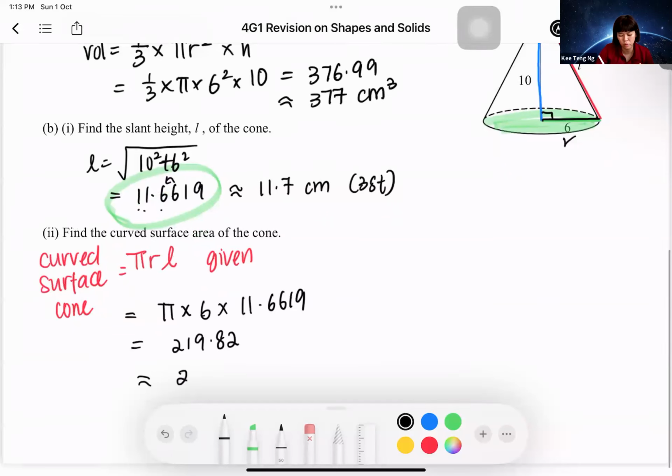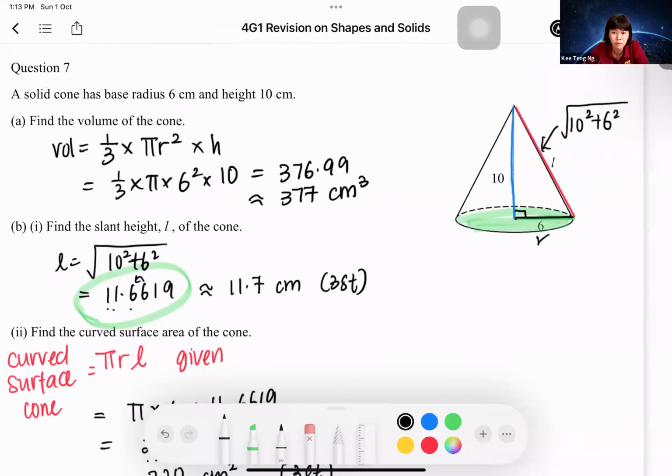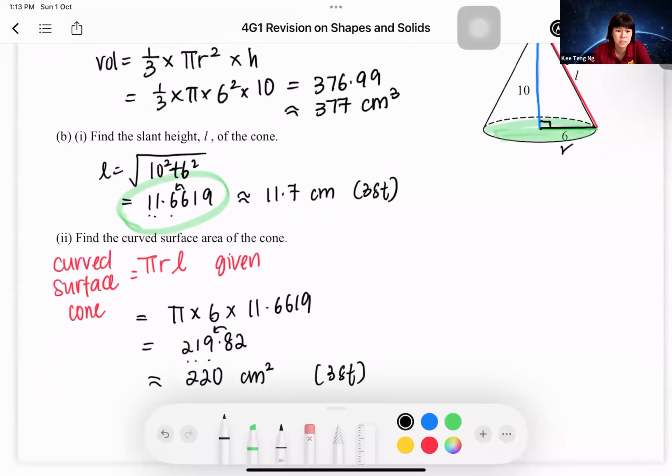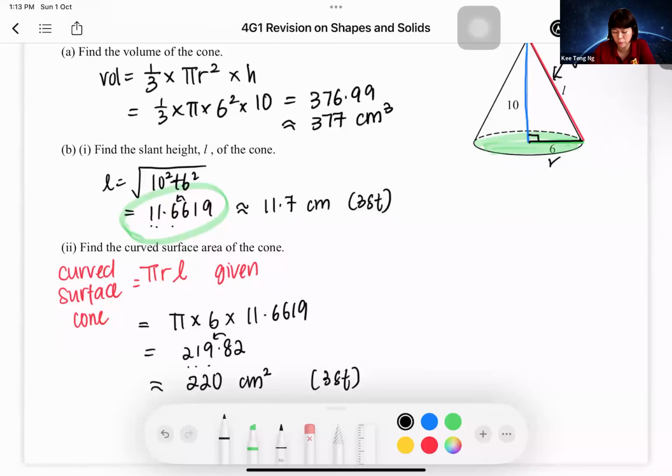Then with that, we round it off to 3 s.f., 220 cm squared. Okay, have you gotten the answer? Now, if the question asks us to find the total surface area and it's a solid cone, then I need to add the circular base at the bottom. But since they never asked, it's just the curved surface area of the cone.